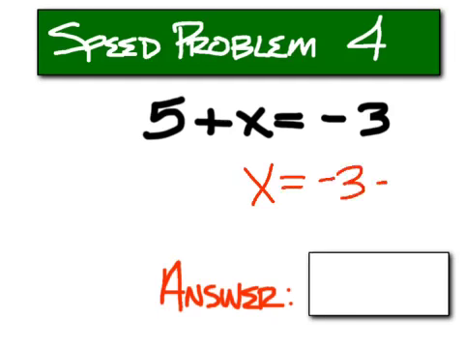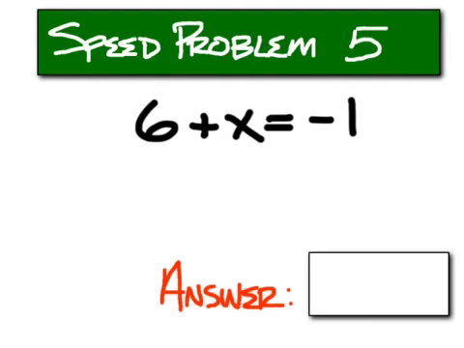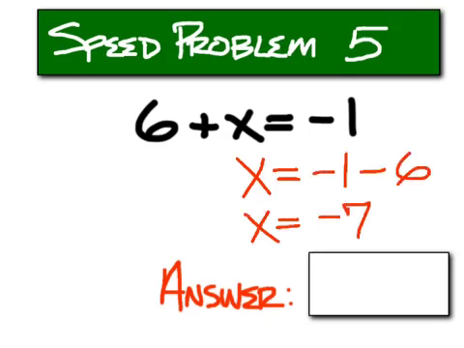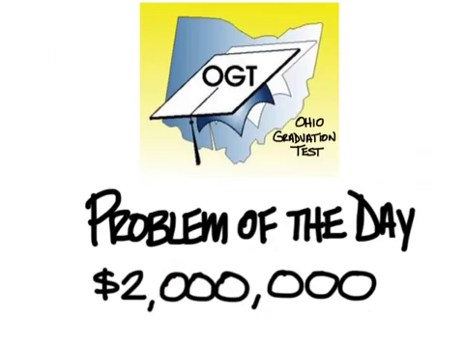Answer should be negative 3 minus 5, which is negative 8. x equals a negative 1 minus 6, which is a negative 7.